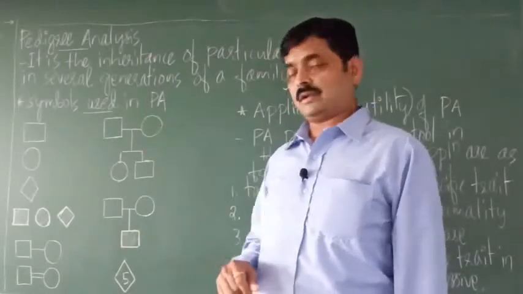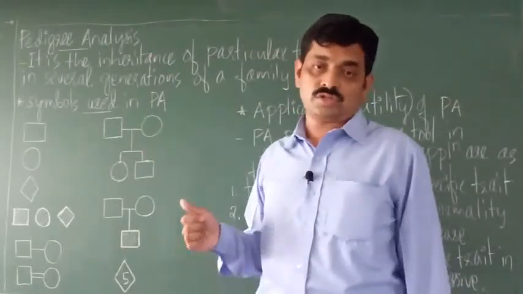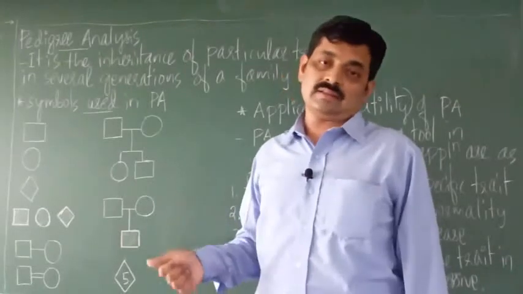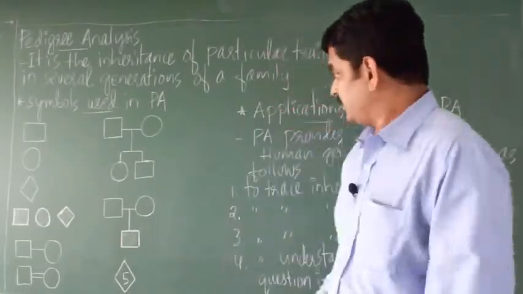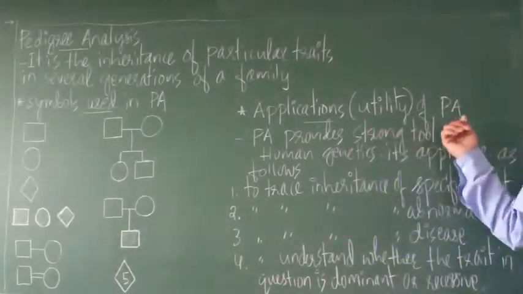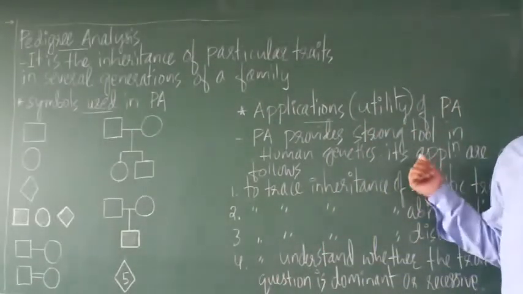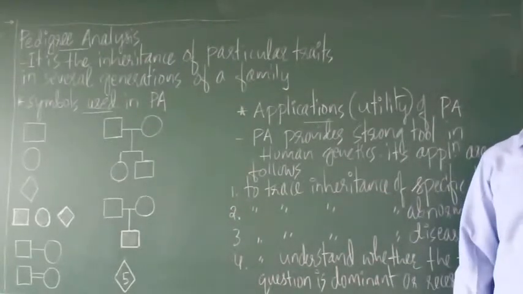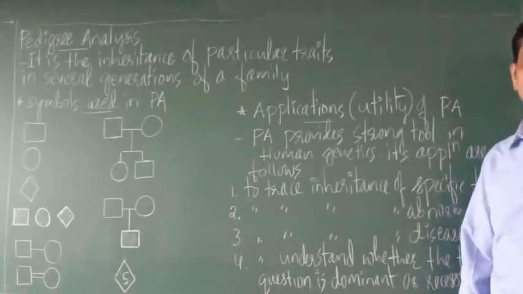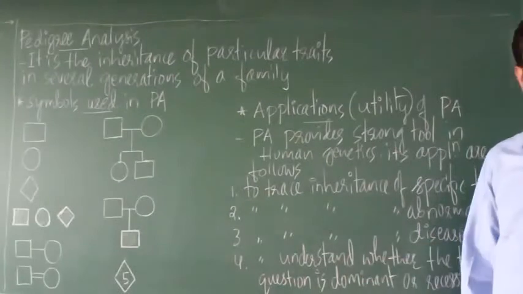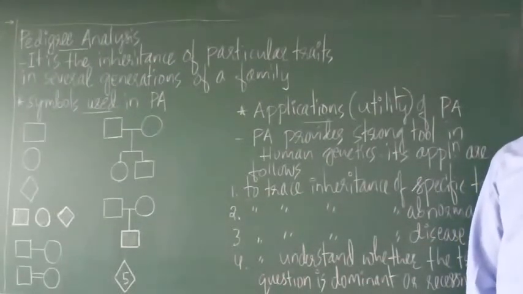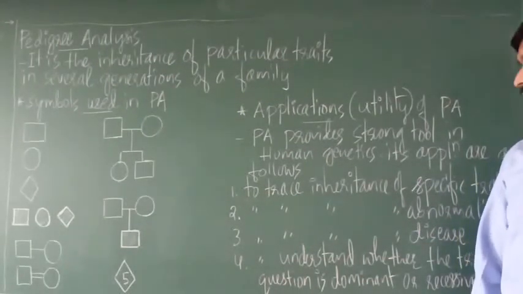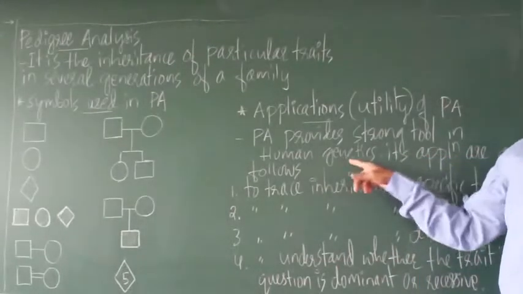So these are the various symbols used in pedigree analysis. Then next we shall consider the applications or utility of pedigree analysis, meaning the uses of pedigree analysis. This analysis provides a very strong tool for human genetics.